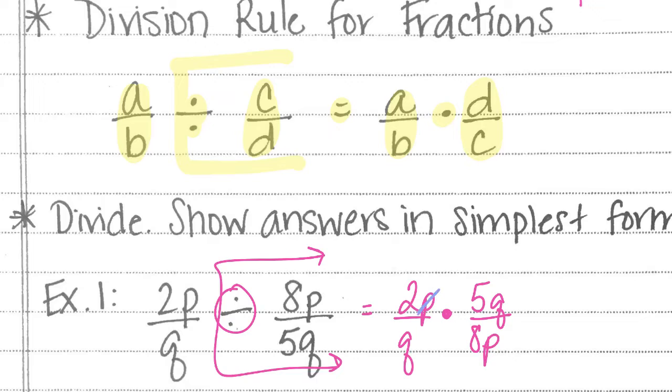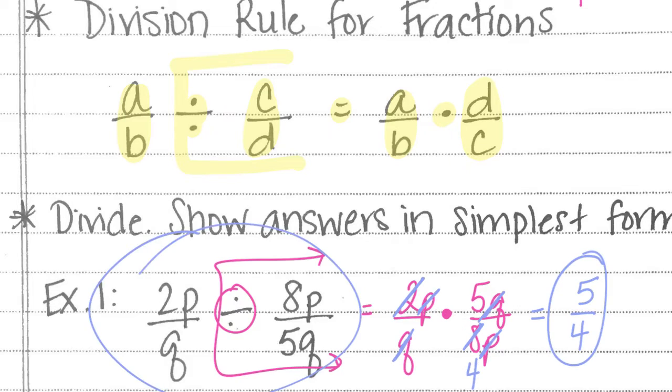From here I will cancel. P's can cancel, 1 up, 1 down. 2 and 8 can cancel. And q's can cancel. And my answer is 5 over 4. Notice there was nothing here to factor, therefore I did not have to factor first.